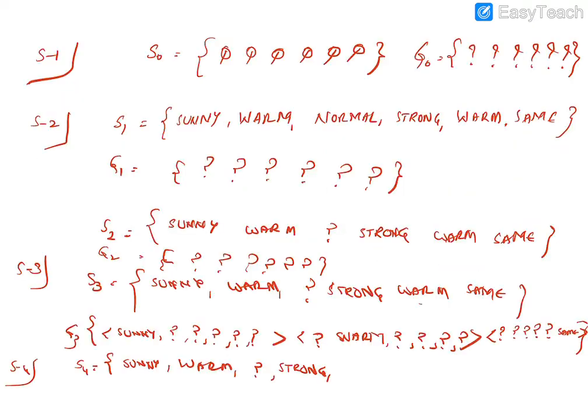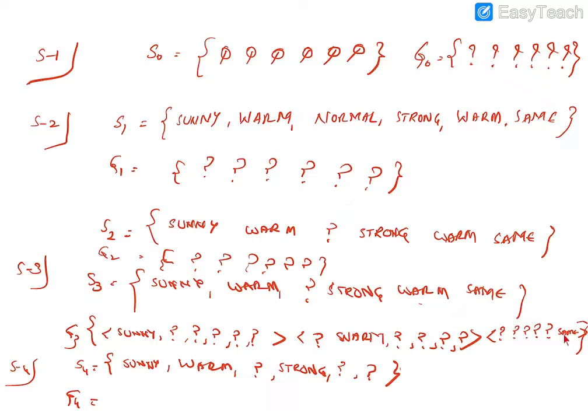So here what you have to do? Here you need to generalize cool and change. Clear? And how to define the G4? G4 is similar to G3, but the only difference is in the case of the earlier one, warm and same are going to be generalized.